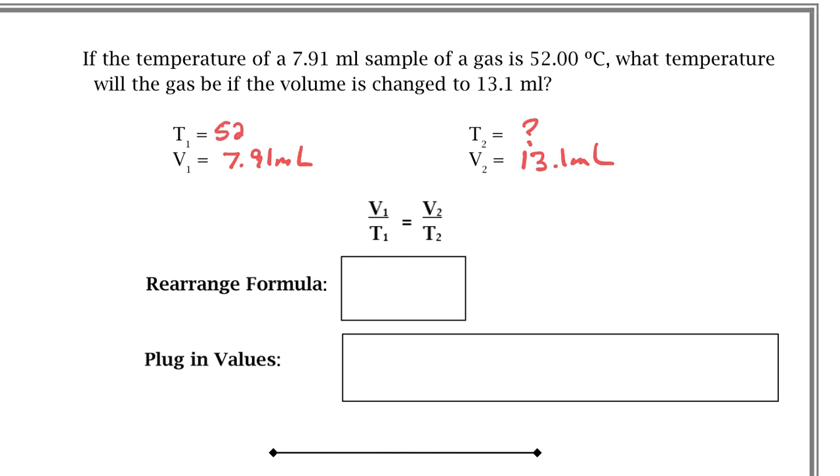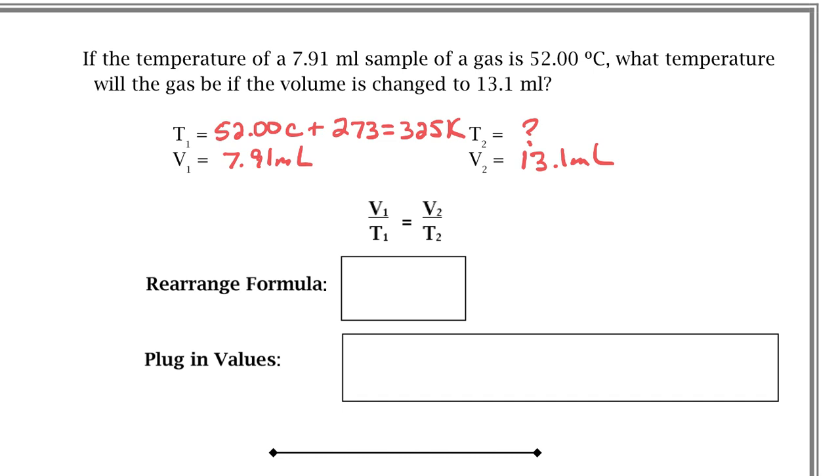Celsius is obviously the temperature. So it's 52.00 Celsius, and I'm going to convert that. What does that end up being? 325. Okay. So now I'm going to rearrange this.